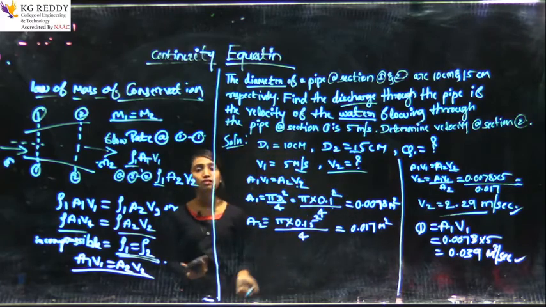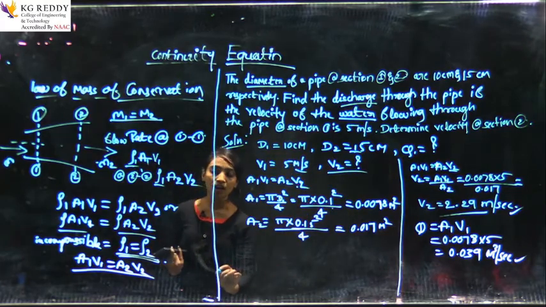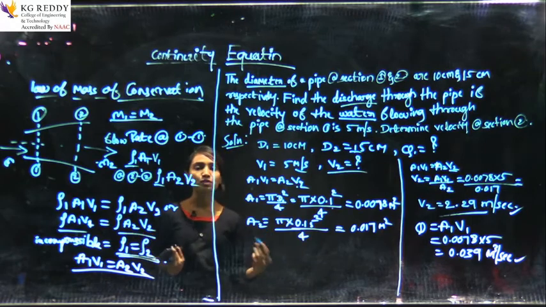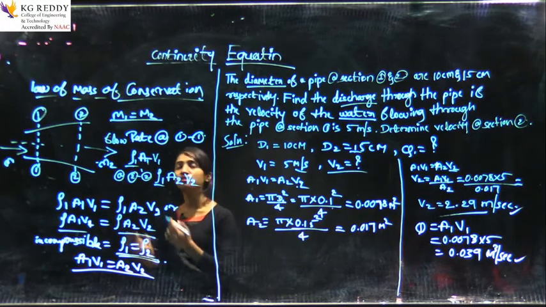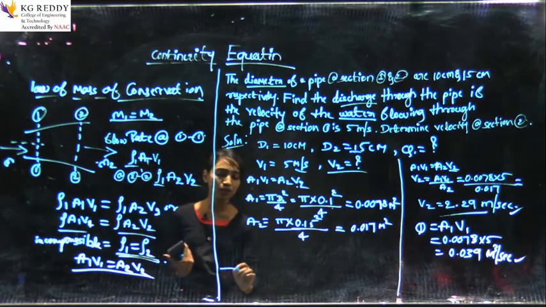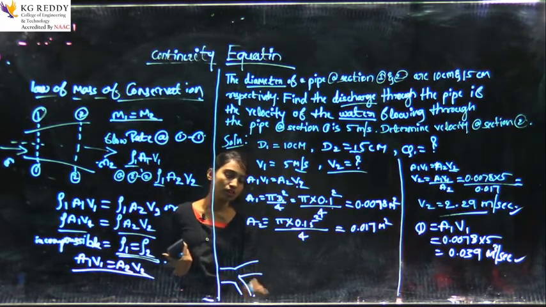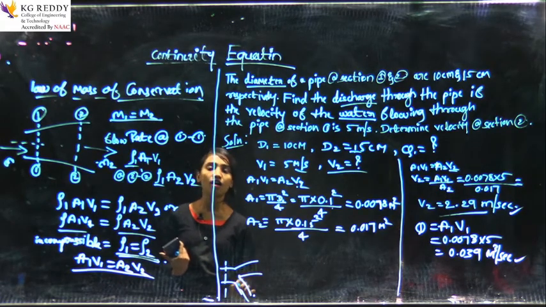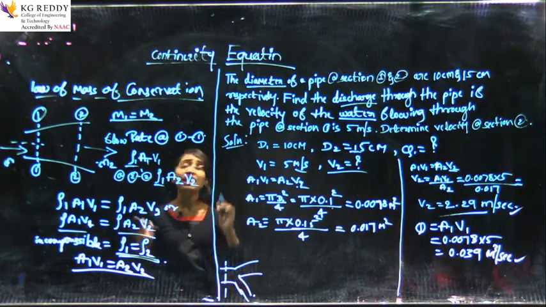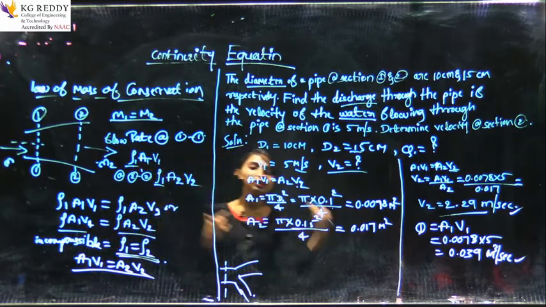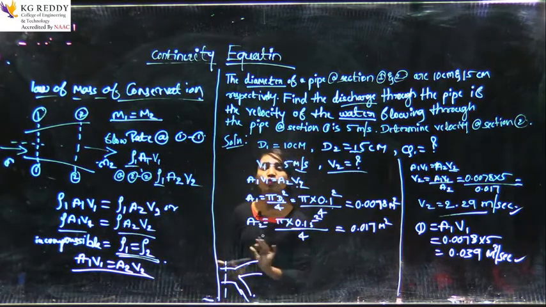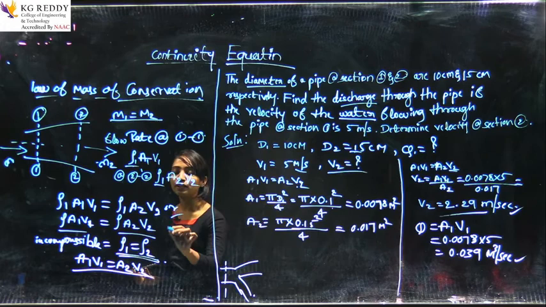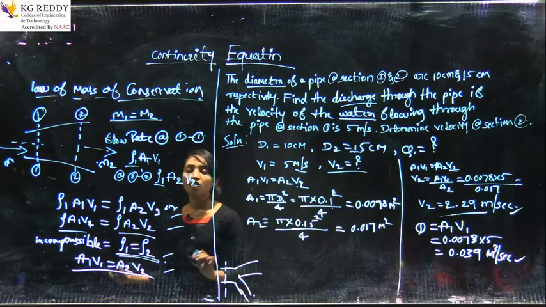They may ask questions where they give different types of sections of the pipe. Here it is very simple, they may give pipe sections like this also. In that situation, taking the sections is very important and the same equation will be carried through. So no difference, only the simple equation is to be followed.